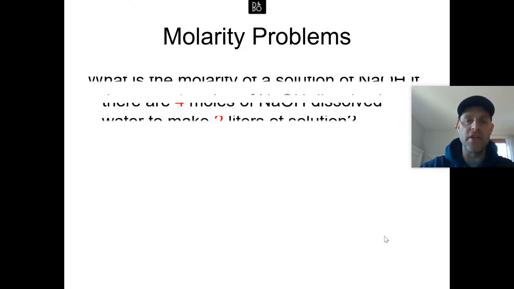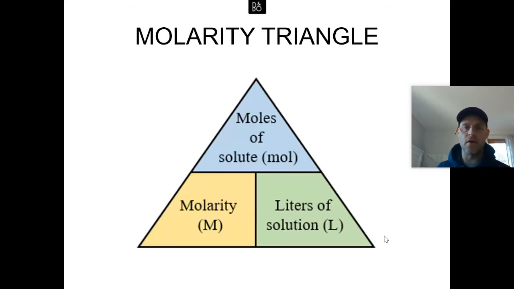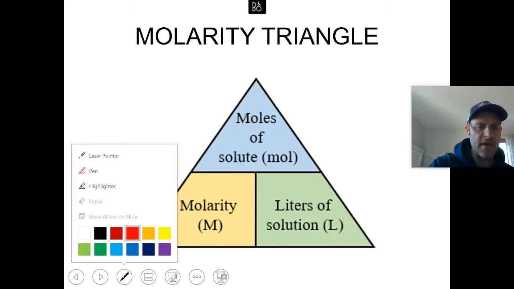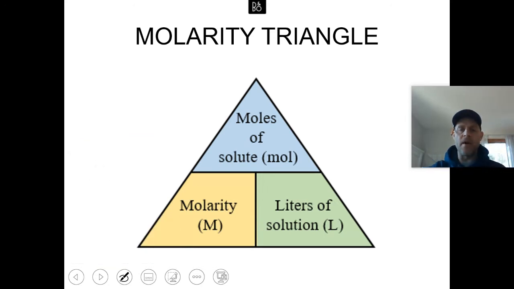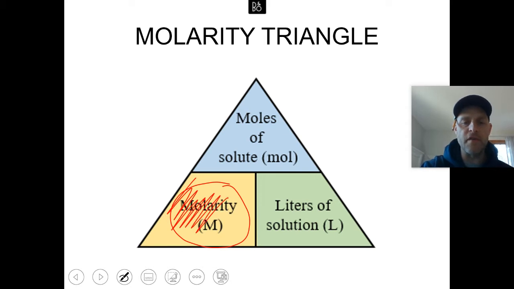I want to show you a cheat today, okay? So I want to introduce you to this thing called the molarity triangle. If I want to solve for molarity, all I have to do is cover up what I'm solving for and then look at what's left.